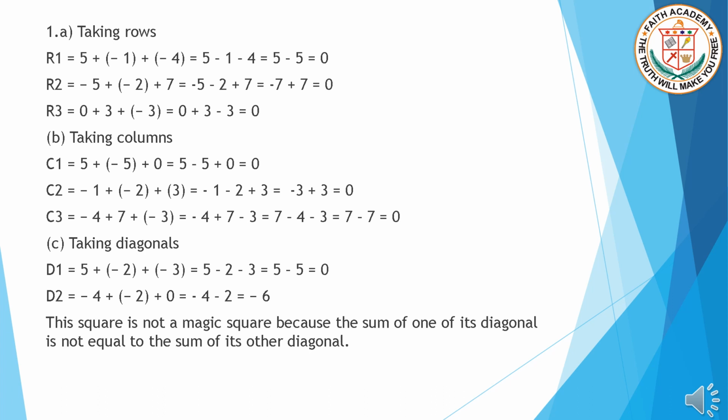So this means that this is not a magic square, because the diagonal sum and the sum of the other rows and columns do not match or are not equal. So this is not a magic square. Now what I want you to do is check whether the second square grid that is given is a magic square or not.